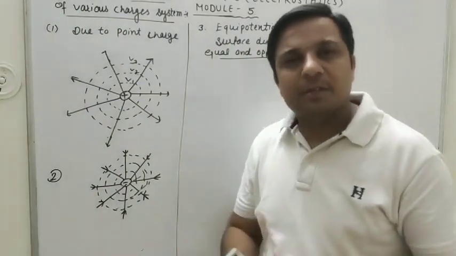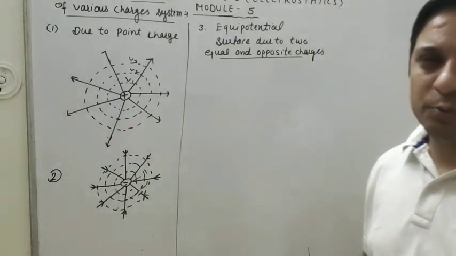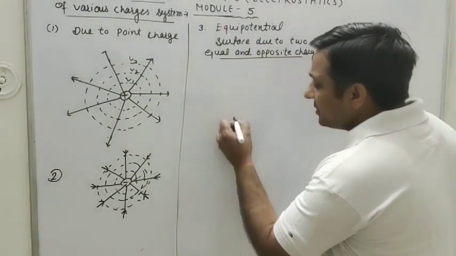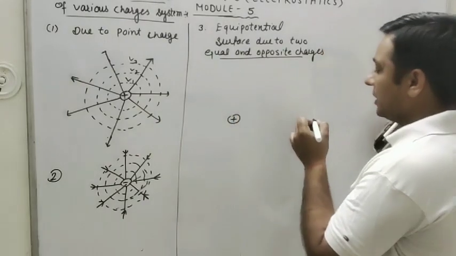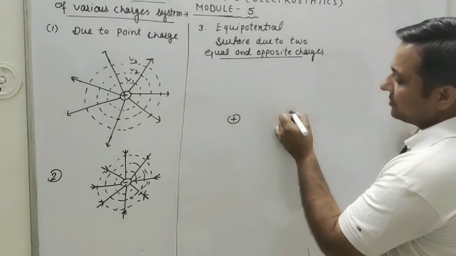In the previous chapter you drew the electric field lines due to positive and negative charges. Here this is the positive charge, and equal and opposite, this is the negative charge.